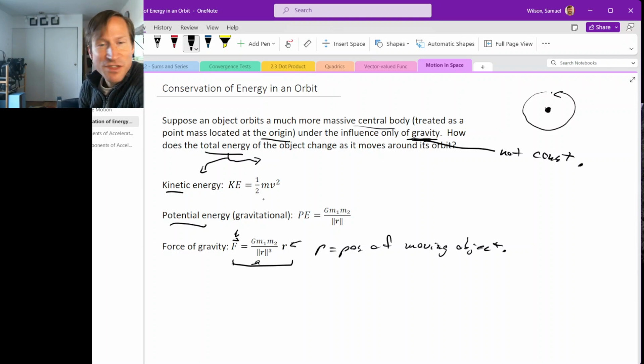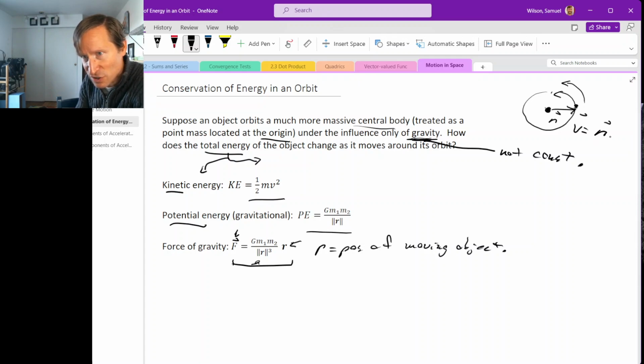So we have to take the physicist's word for it that these are the appropriate formulas for kinetic and potential energy in this situation. But let's rephrase this kinetic energy formula in terms of our vector valued functions, right? We have an object orbiting around this central object, so its position is given by a vector valued function r, and so its velocity is given by the vector valued function r prime. If velocity is a vector, what does it mean when it's squared like this?